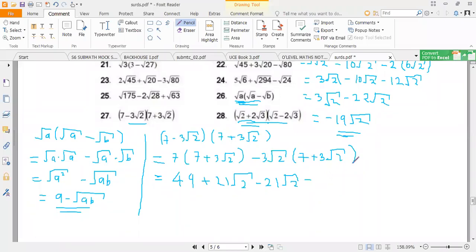Since it's a negative, we shall get negative 3 times 3, which is 9. And then root 2 will multiply with root 2 to give us the square root of 2 times 2, which is 4. The 2 will multiply with this 2 under the square root to give us 4, and then this 3 outside will multiply with this 3 to give us 9.